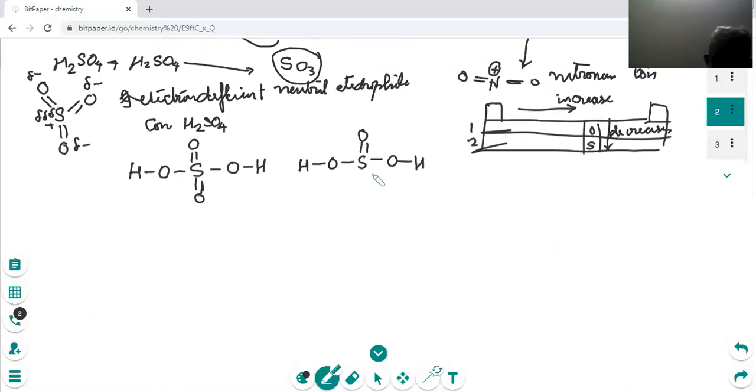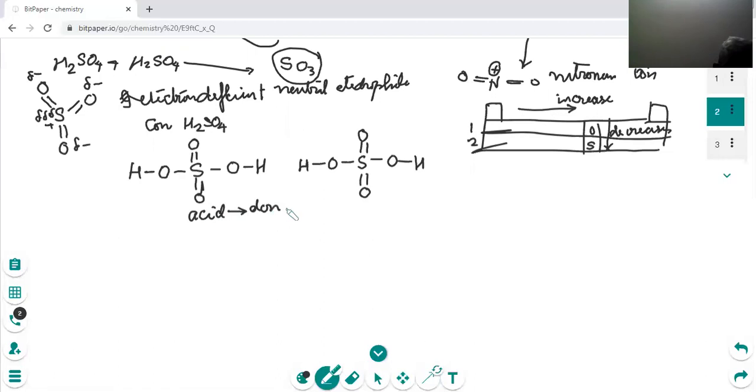Now this will act as an acid, this will act as a base. That is how you have to understand it. What's the meaning of acting as an acid? It donates a proton.